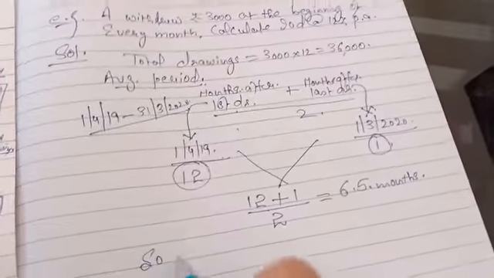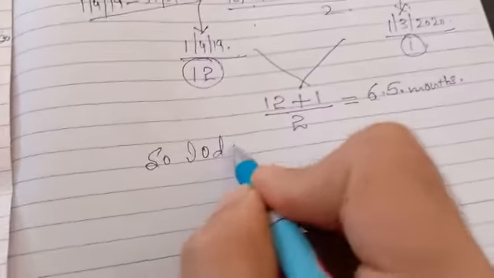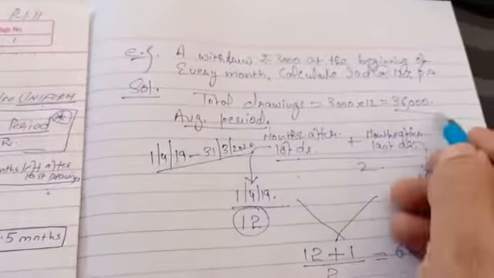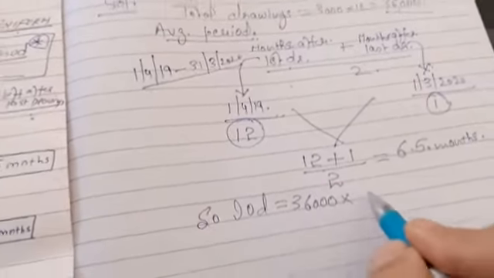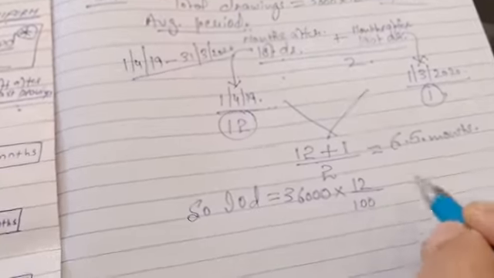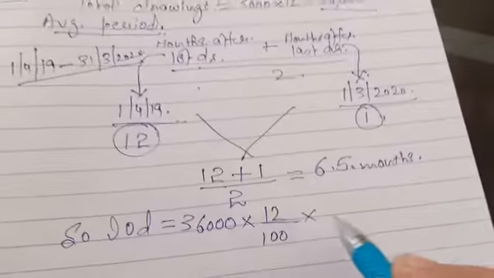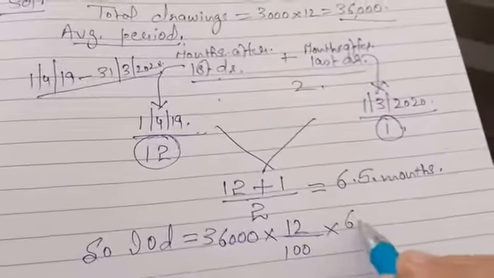So interest on drawings would be total drawings 36,000 into rate 12% and the average period 6.5 months.